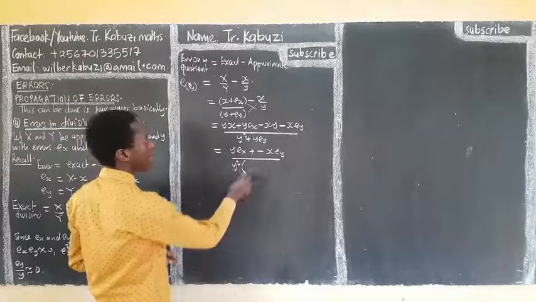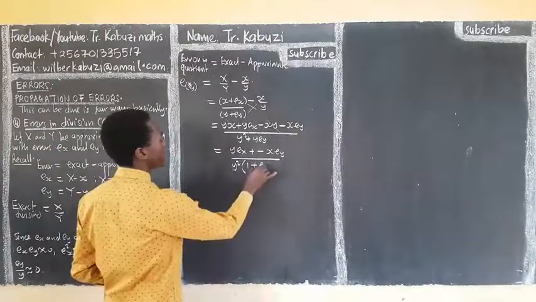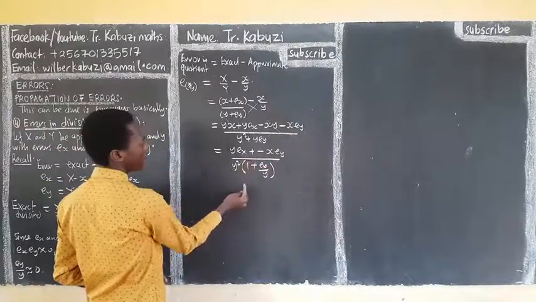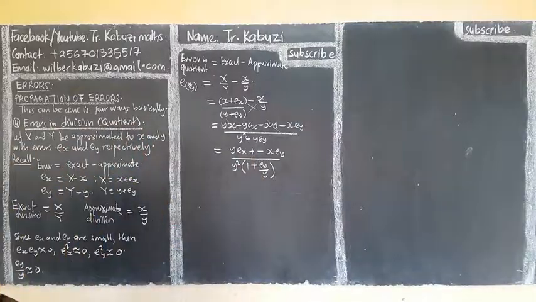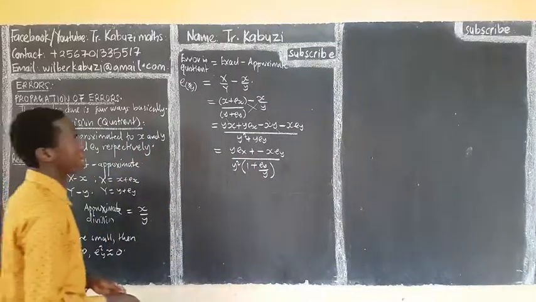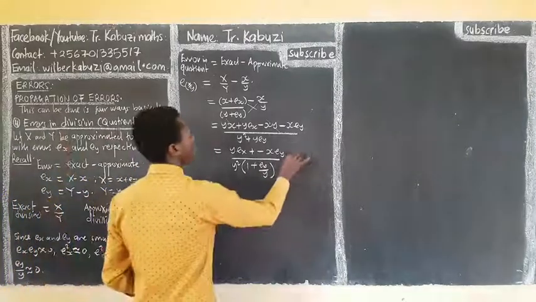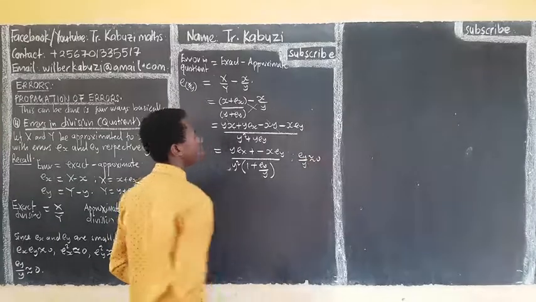You get 1 plus, and when you divide it here, we have ey over y. So when you multiply back, we get this. Now we say that the whole of this approximates a 0, and we say that our ey over y will approximate 0.